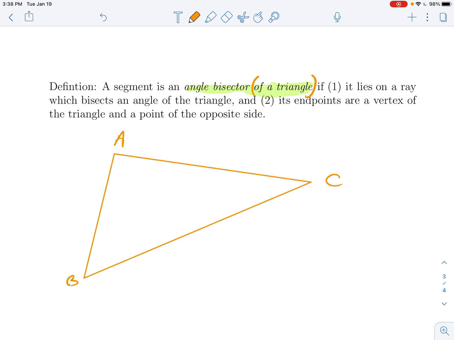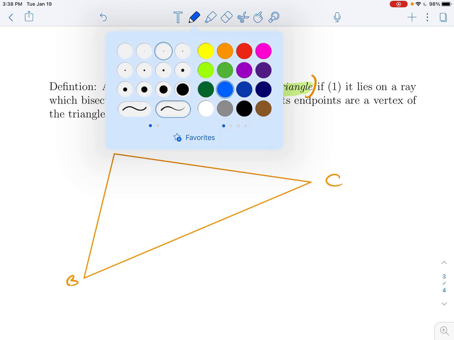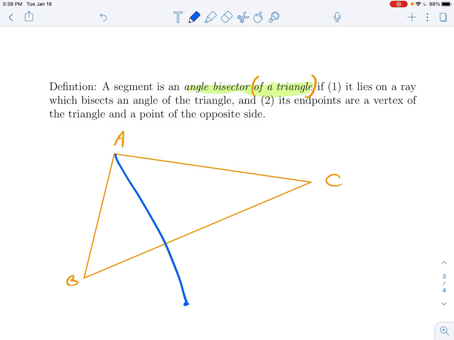So here's what I'm going to do. Let's think about the ray that bisects one of the angles of this triangle. So maybe something like so. Right about like that looks good. So this thing in blue is the ray bisecting angle BAC.